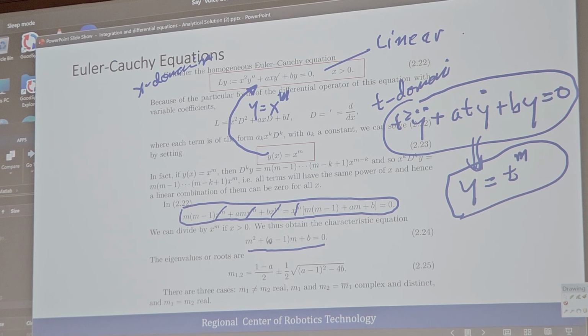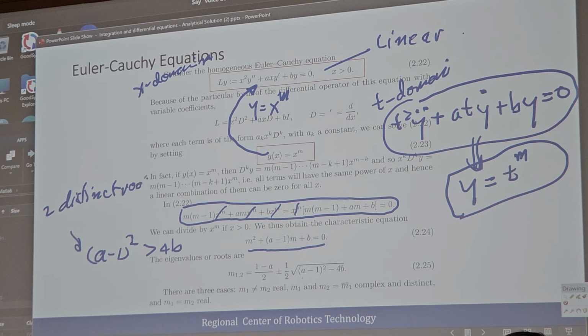For this one, if a minus 1 square is greater than 4b, we have two distinct roots. If a minus 1 square equals 4b, we have one repeated root.